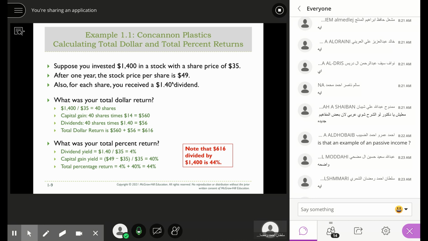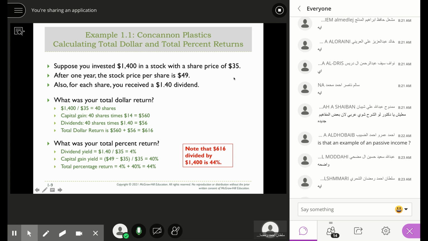So let's assume that you invested 1,400 US dollars in a stock with a share price of 35. 35 is the beginning stock price, or the beginning period stock price. After 1 year, the same stock price went up to 49.